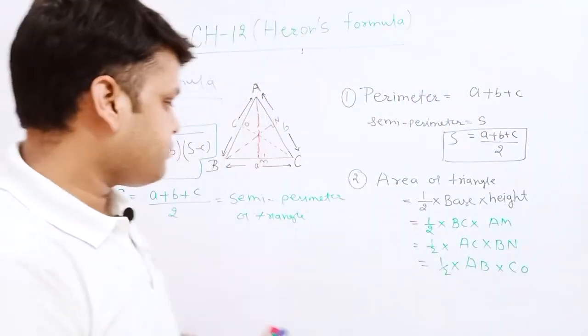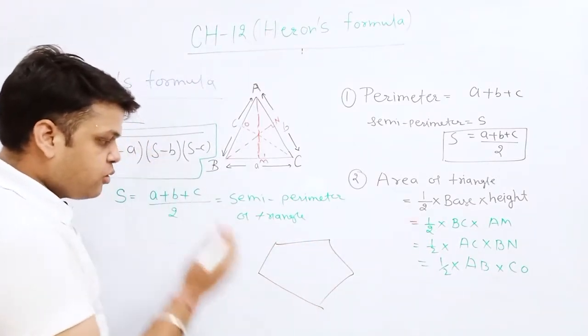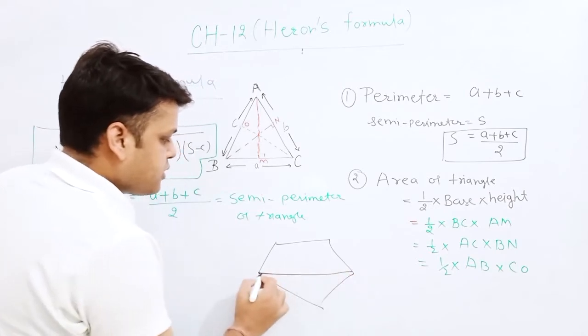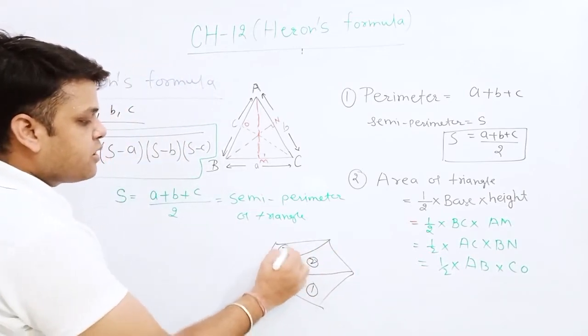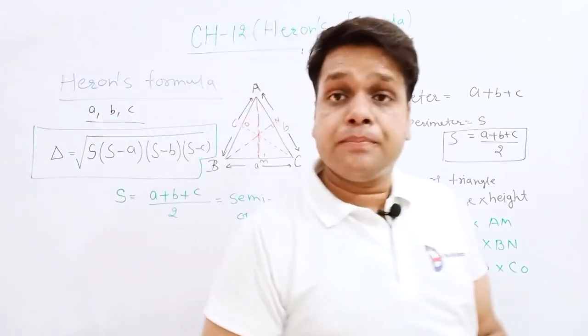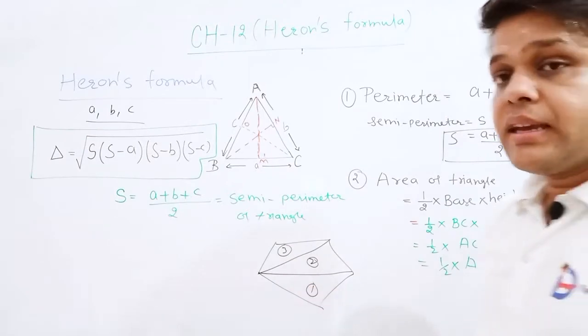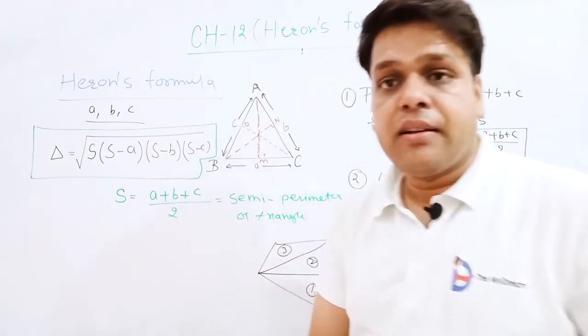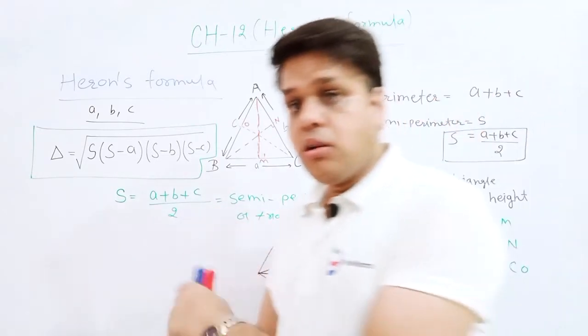Suppose you have to find this area and you know all the sides, so you make this 1, 2 and 3. So this is a combination of 3 triangles. Individually you can calculate the area, and after that you add all 3 areas, and you get the area of the whole geometry.